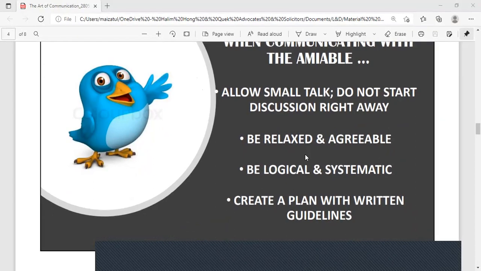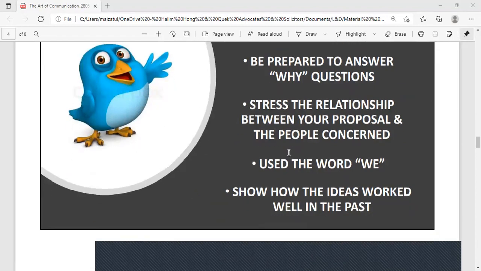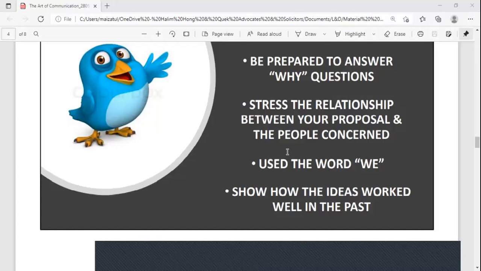Be relaxed, be logical, create a plan with written guidelines, be prepared to answer why questions, stress the relationship between your proposal and the people concerned, and use the word we. Since this amiable person loves to build relationships and loves to participate.